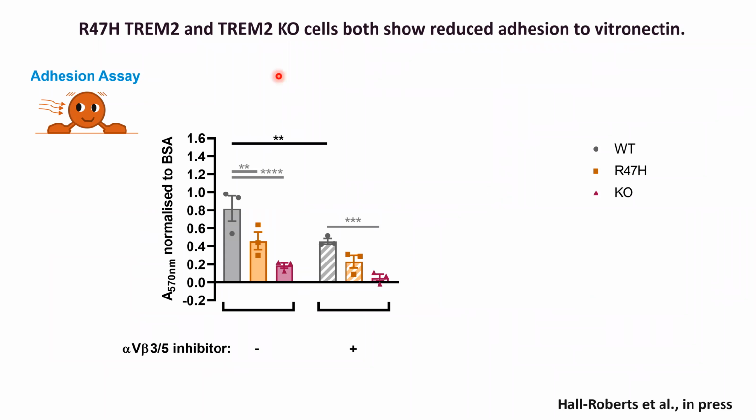Then Hazel went on to look at how this translated to cellular adhesion, because alpha V beta 3 integrin binds to vitronectin preferentially, and so she developed an adhesion assay for this, and indeed the knockout and the R47H cells have a reduced amount of adhesion to vitronectin, and this is further validated by using an inhibitor of alpha V beta 3. Now the next obvious question was, well, does TGF-beta rescue this?